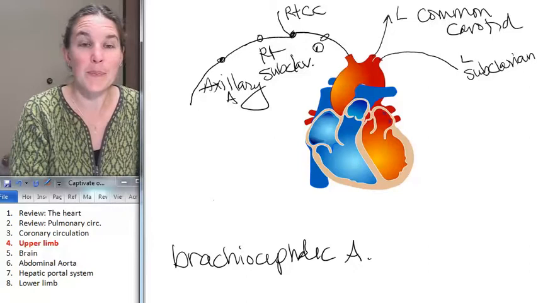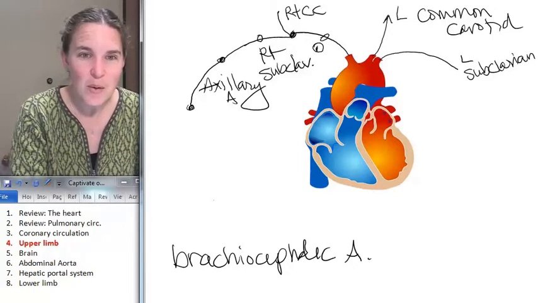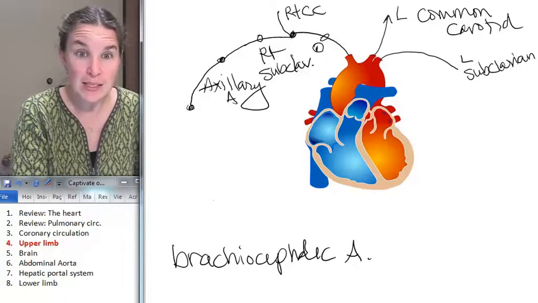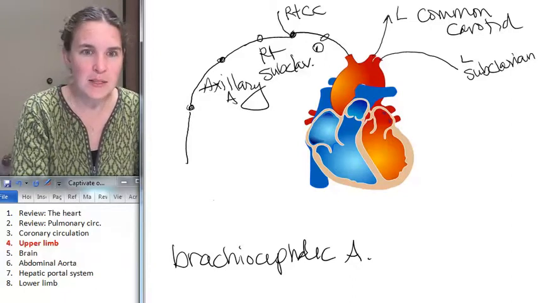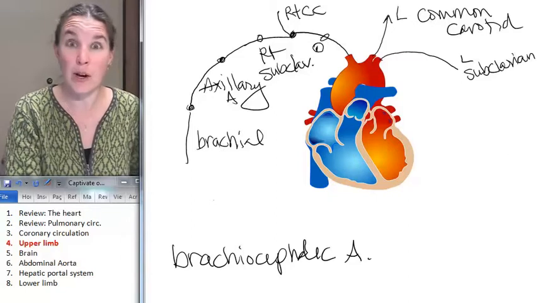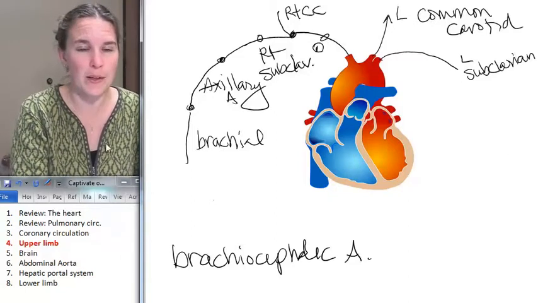But I can't remember. And then I think it's teres major, that when the axillary artery passes by teres major, the muscle, then it becomes the brachial artery. Brachial, armpit, axillary armpit, brachial like arm.